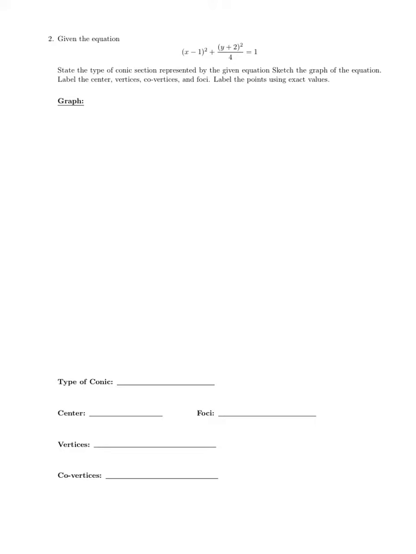Number 2, given the equation, state the type of conic section represented by the given equation, sketch the graph of the equation, label the center, vertices, co-vertices, and foci. Label the points using exact values. Okay, so let's just look at that equation a little bit, and that is clearly an ellipse, where the major axis is going to be parallel to the y-axis.